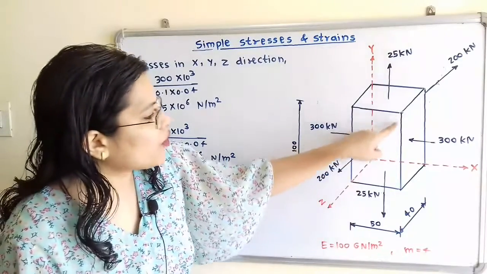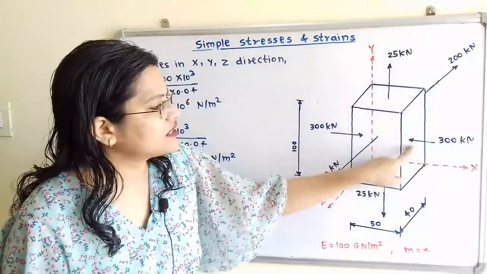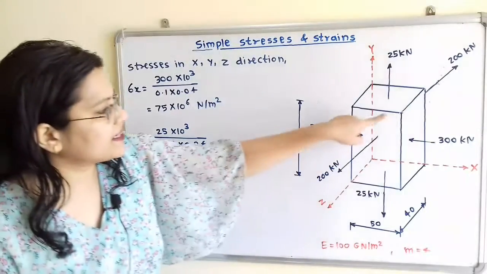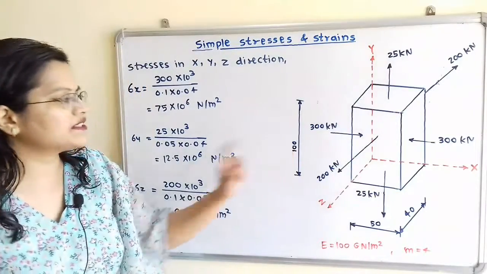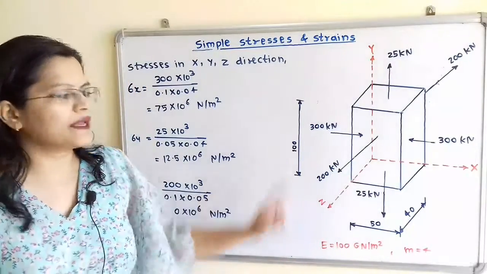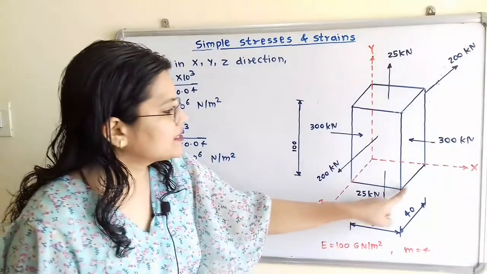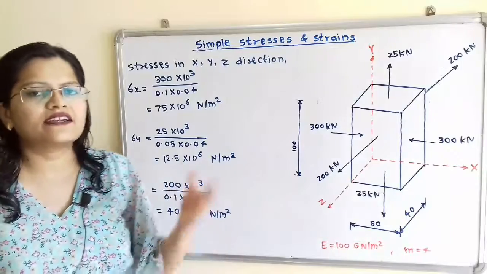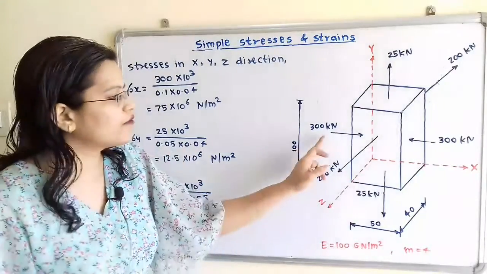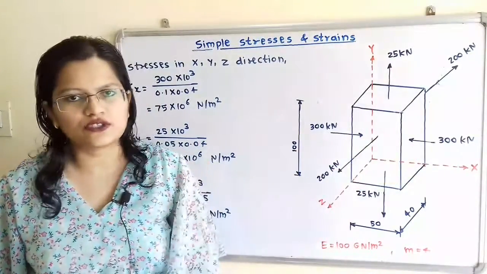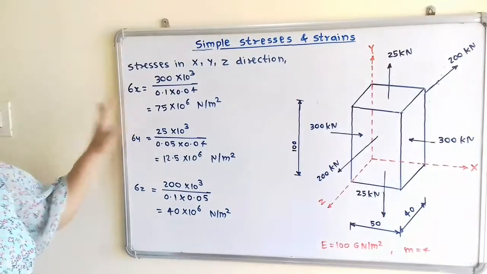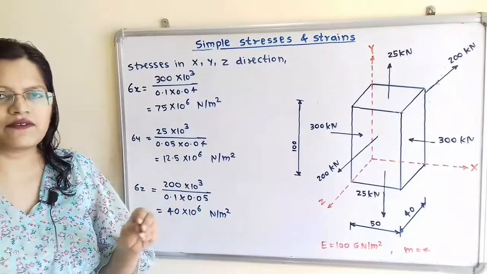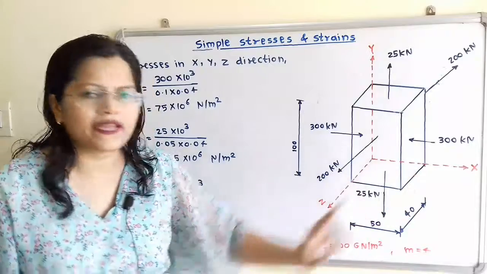And if we observe the face along which this force is acting, here the length is equal to 100 millimeter, and here the width is equal to 40 millimeter. Standard unit is meter, and for force the standard unit is Newton. So we take sigma, that is stress, equal to force divided by area.